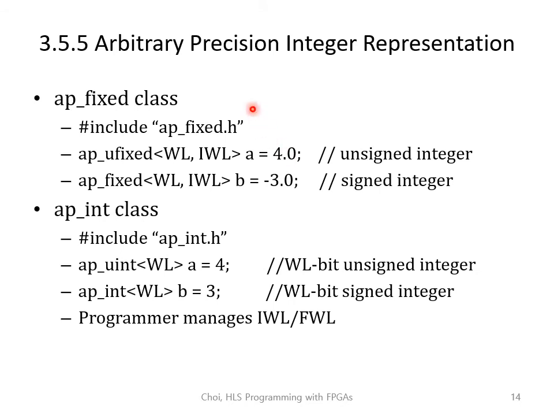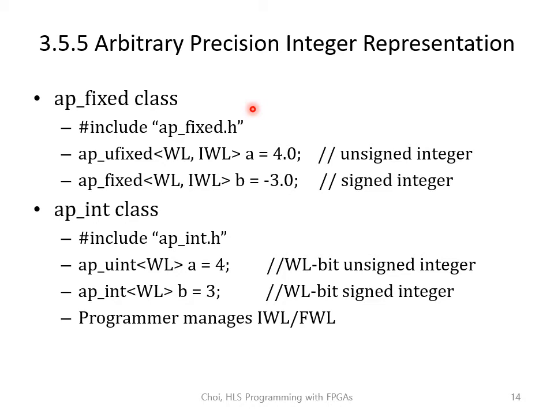We've seen many different fixed point representations so far, and you probably noticed that the word lengths can be of arbitrary length. So C++ default types of int, short, and char may not be enough, and that's why Vitis HLS provides ways of customizing the fixed point representation. There are 2 ways.